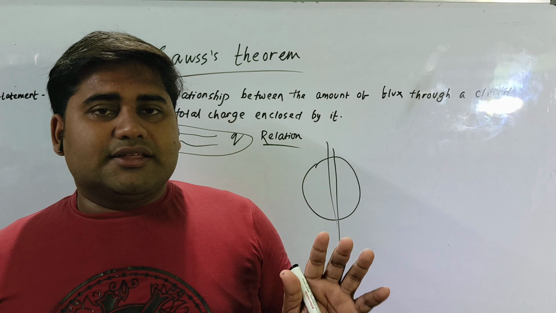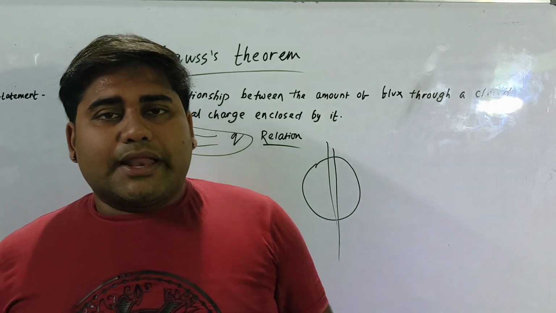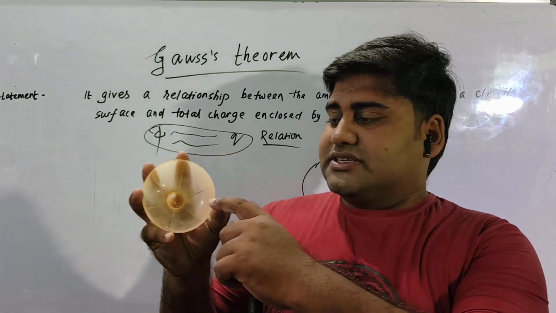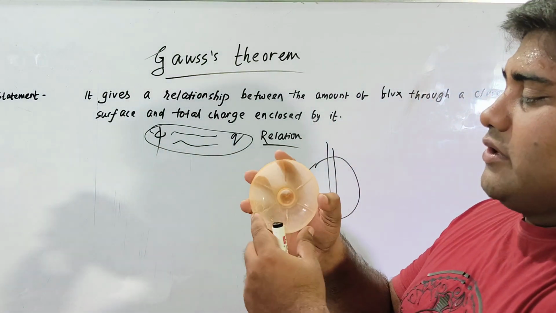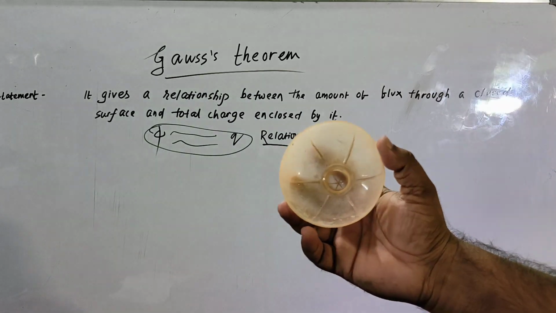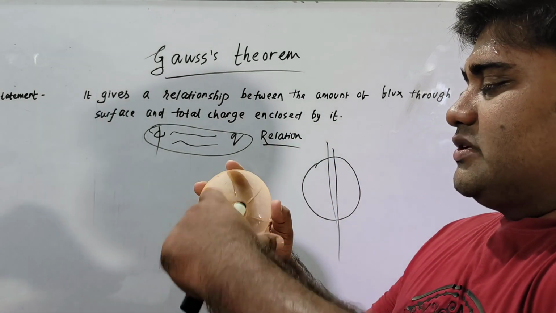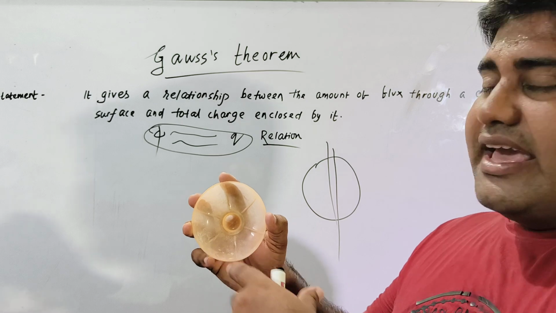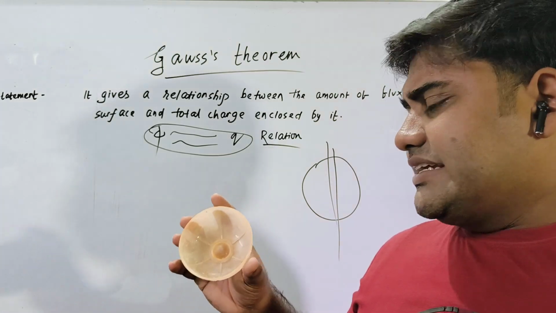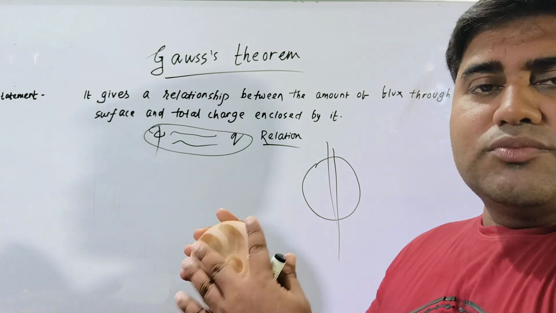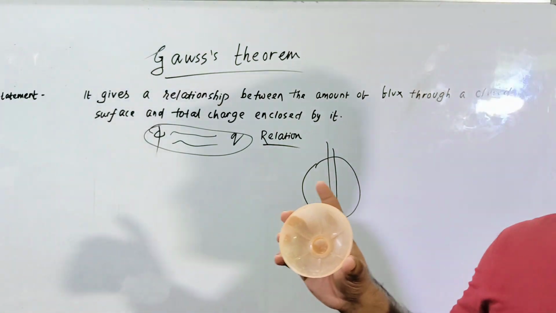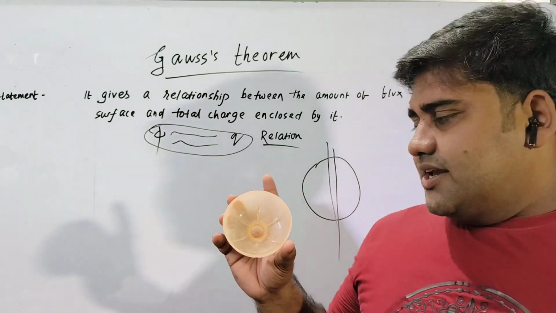So on that surface you can apply Gauss's law, but you cannot apply Gauss's law on this surface. This thing is a part of a sphere, acting like a hemisphere, not exactly a hemisphere, but acting like one. It is not closed from this side. So you cannot apply Gauss's law for such surfaces.